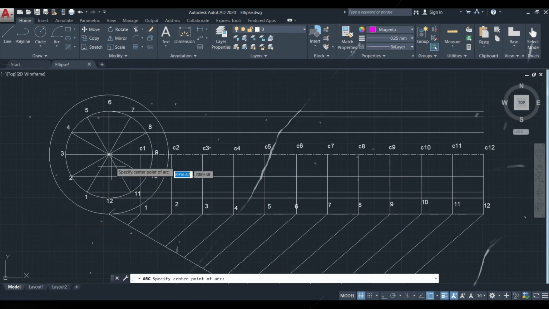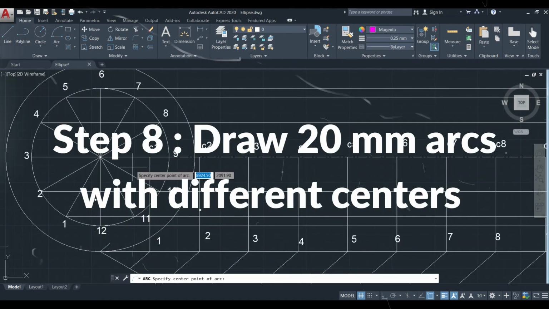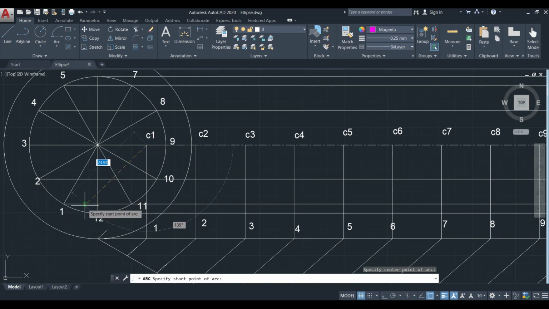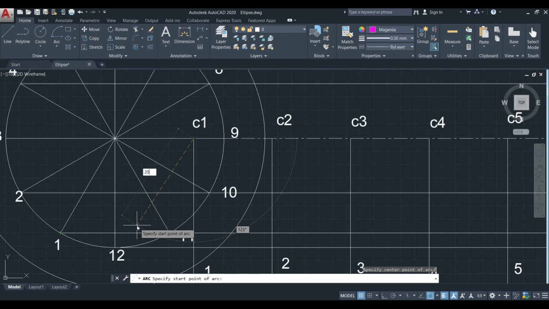Next step is, with the center C1 and a radius of 20 mm, that is the radius of the smaller circle, we have to draw an arc on the straight line connecting 1, 1, 1 here. Like this.